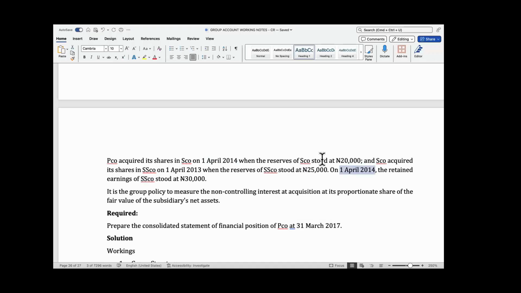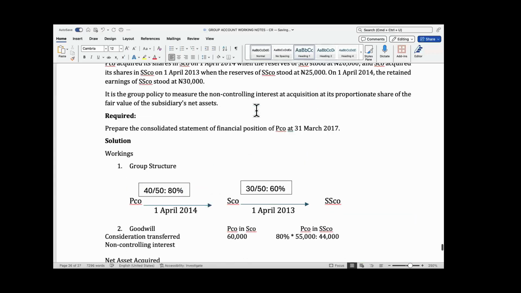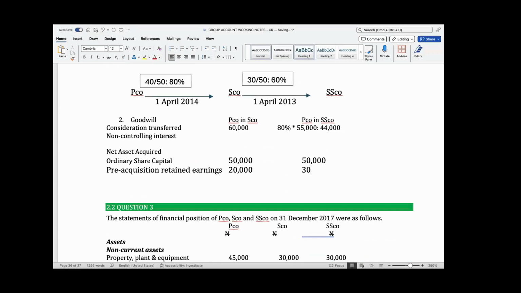When ESCO became a member of the group, it can never be this 2013, because as at then the parent does not know any of them. We knew them in 2014, and it's the retained earnings at that date that will constitute the pre. So Tintin was right. That's 30,000.